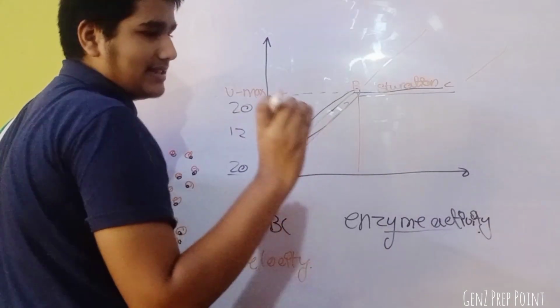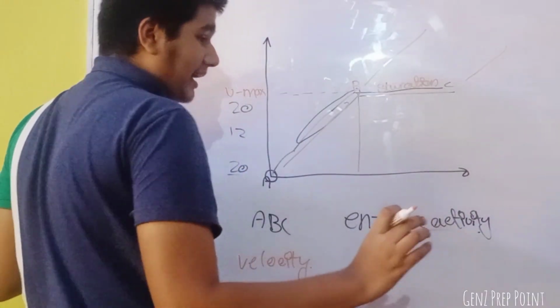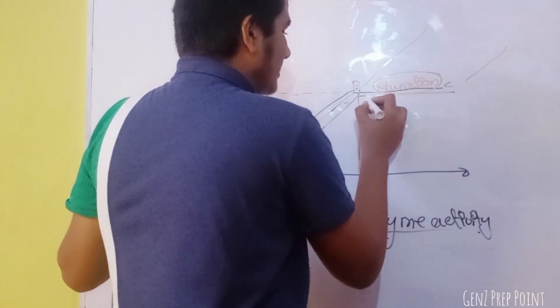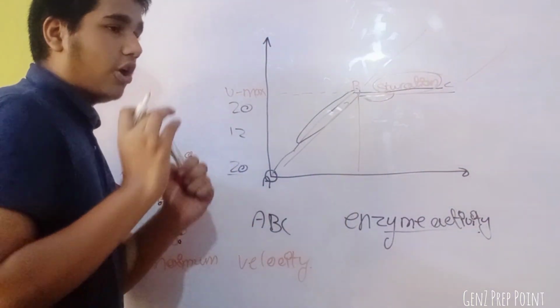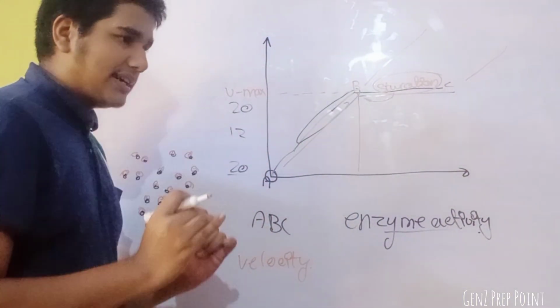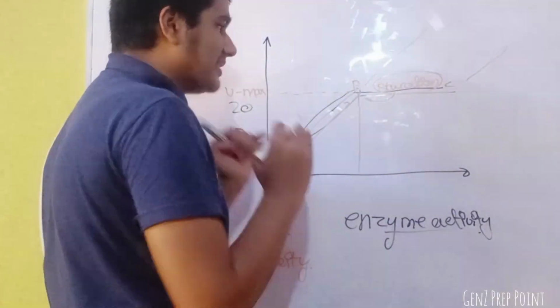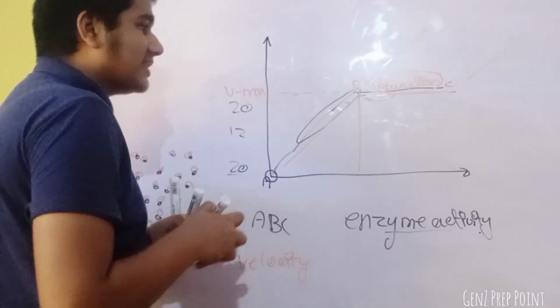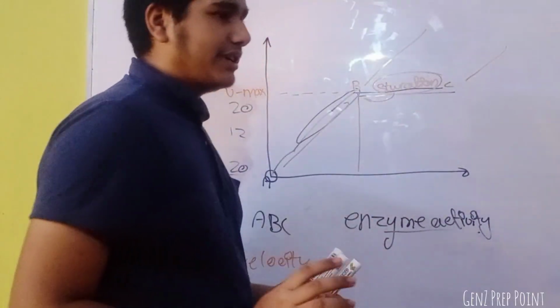When all the enzymes are busy, there is no enzyme left. We say this position is the saturation point, when the speed is not increasing, but the process is continuing. The speed isn't increasing because all the enzymes are busy breaking down the substrates. So this is known as the saturation point.